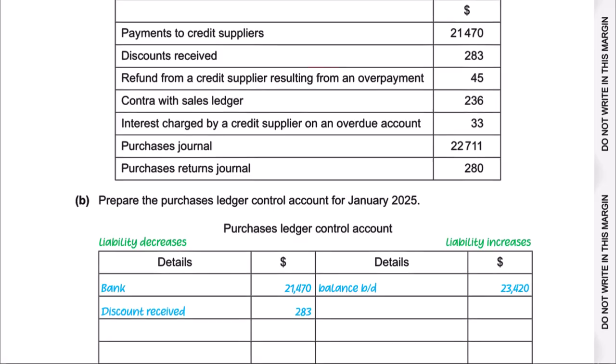The situation of a refund from a credit supplier resulting from an overpayment confuses some students. A refund from a credit supplier resulting from an overpayment at least confirms that the business made a payment to its supplier, for which you will debit the supplier's personal account and credit the cash account.